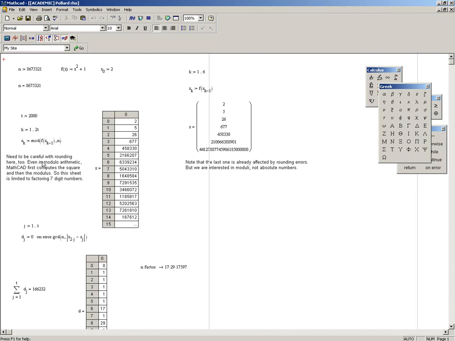We need to be careful with rounding here too, because even in modular arithmetic, Mathcad first computes the square and then computes the modulus. So for 7-digit numbers it'll still work out, but as soon as we get 8-digit numbers, the square would have 16 digits and the internal arithmetic is limited to 15 digits.